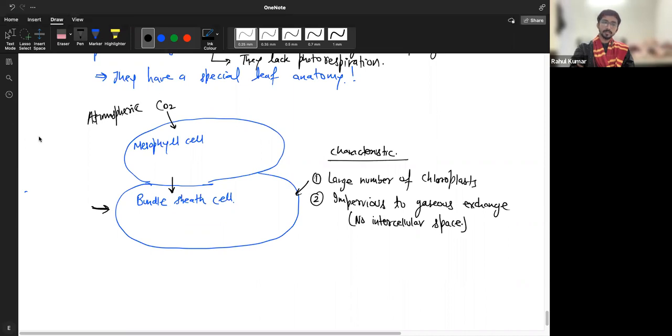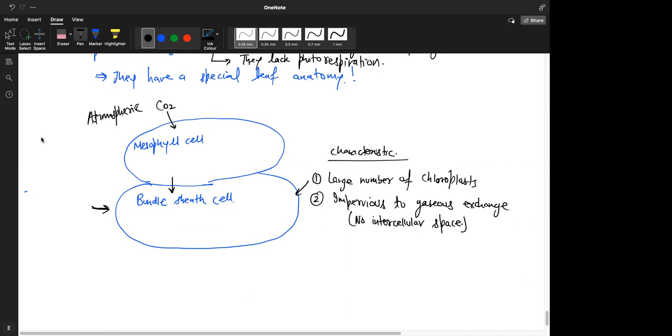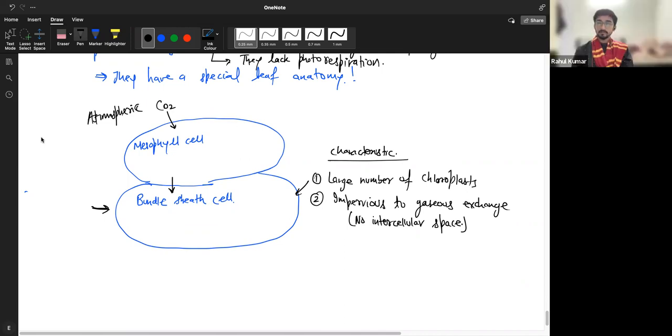There was one structure that we studied about in the chapter cell, I told you. Plasmodesmata.